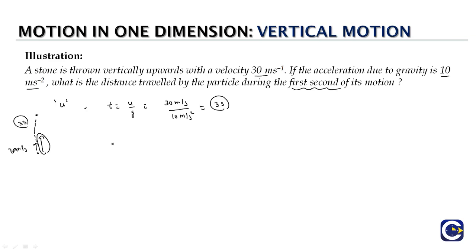So the nth second displacement formula we have, Sn is equal to u plus a by 2 into 2n minus 1. Now this formula can be used for all straight line motion, whether horizontal straight line motion or vertical straight line motion.